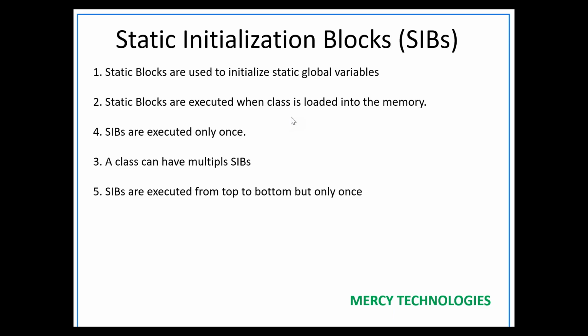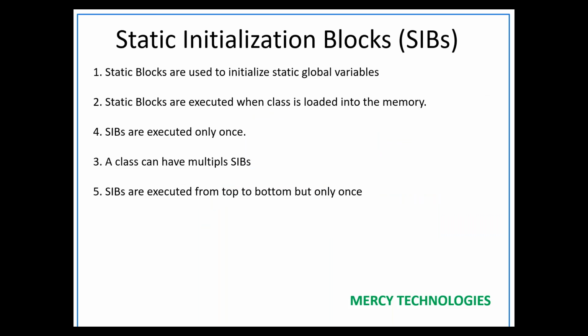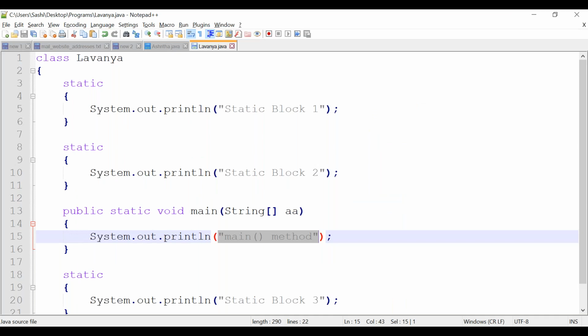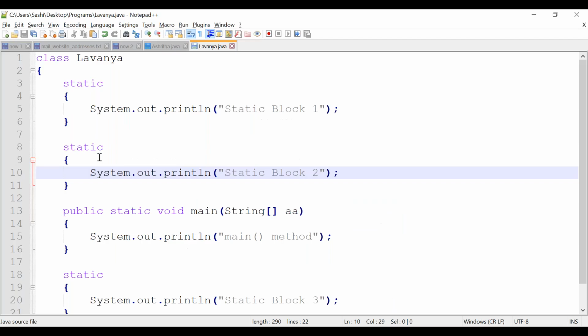Whatever programs we have seen, we are seeing the output only once, right? And a class can have multiple static blocks. Here, if you see, this class has overall 3 static blocks. A class can have more than 1 static block. And what is the 5th point we have seen? Static blocks are executed from top to bottom, correct.